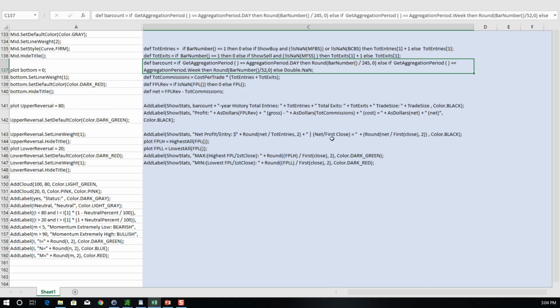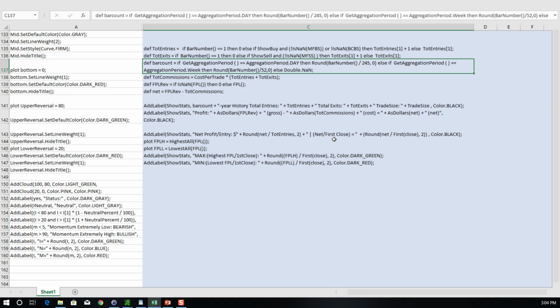This basically takes your first closing price and divides your net at the end by that first closing price, so that there's some adjustment at least for that price performance. Of course, if one has gone up strongly over the other one, it's not completely perfect.